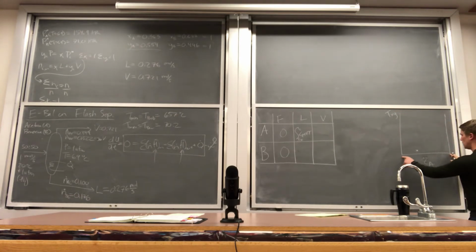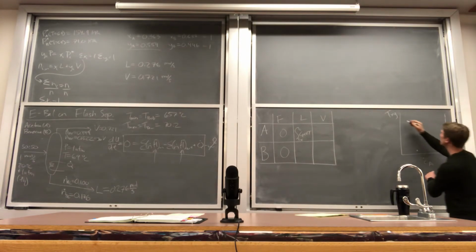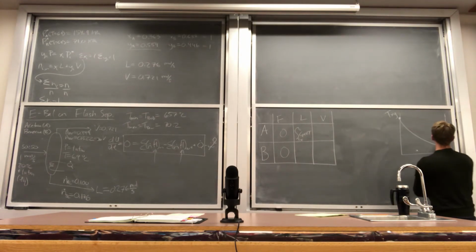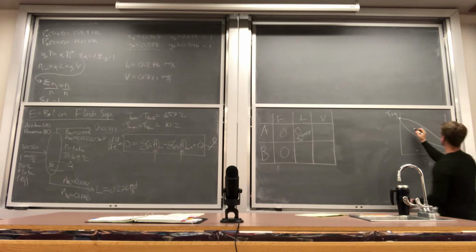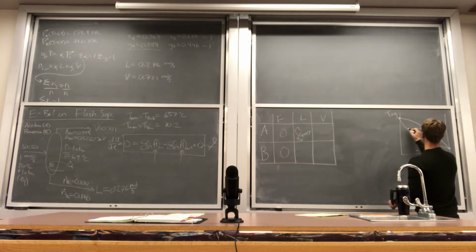Now, acetone is the more volatile species, so it has the lower boiling point, and this one's up here. This is an ideal system. It'll look like this. We're at a 50-50 mixture near the dew point, so we are at about a condition like this or so.